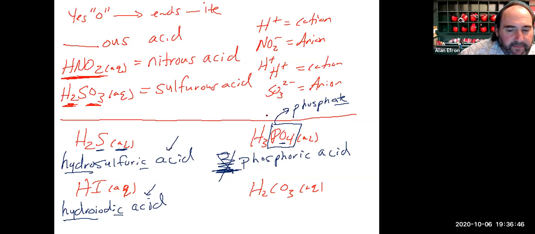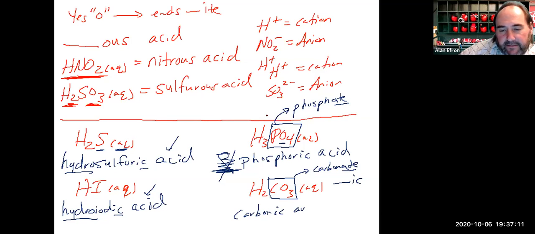And lastly, on the bottom here, also an acid, also has oxygen. Isolating our polyatomic ion, that is CO3 2-. That is our good friend carbonate. Again, ending in ate, which means my acid should end in ic. So this becomes carbonic acid.